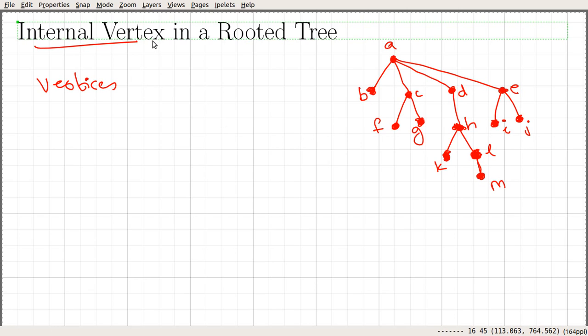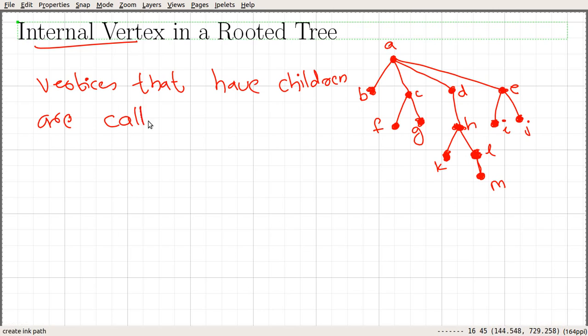That means those vertices that have children are called internal vertices.